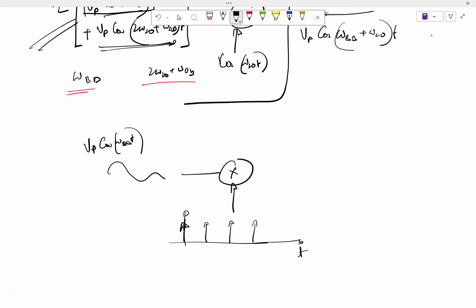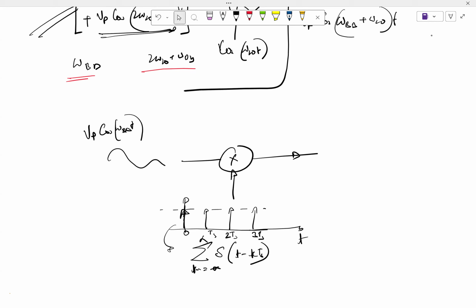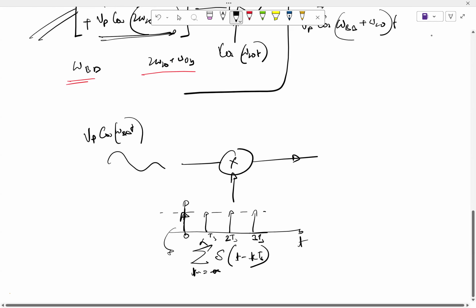Let's say this is T. So this is an impulse train, summation of delta(t minus kTs), and so on, so that at the output I get samples of VP cosine omega BB t.